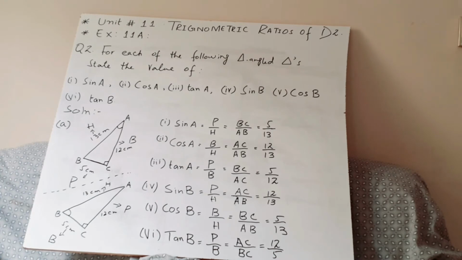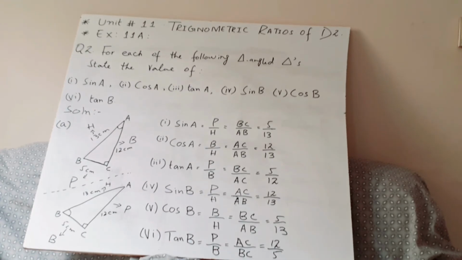So for our understanding, we have to draw this given right angle triangle again, but this time we have to identify perpendicular and base according to the acute angle taken at B. So you can see in the second figure, we have taken the acute angle at B because they are asking about sine B. According to this acute angle at B, the side opposite to the acute angle, which is AC, is the perpendicular, and the side adjacent to acute angle B, which is BC, is the base.